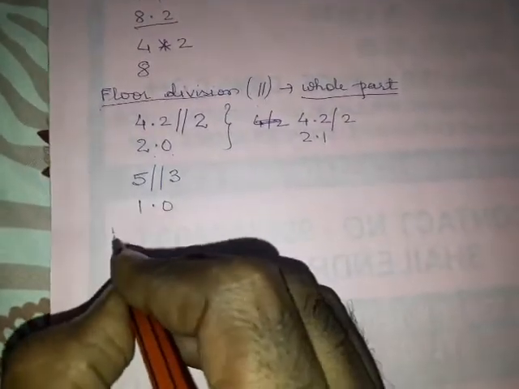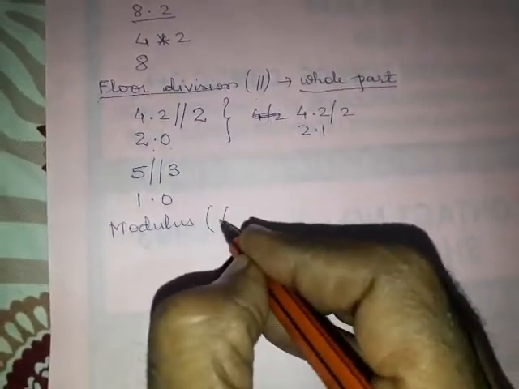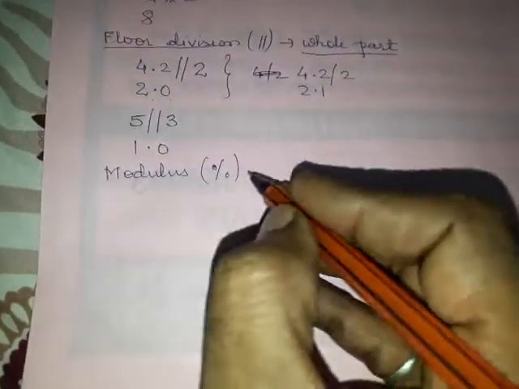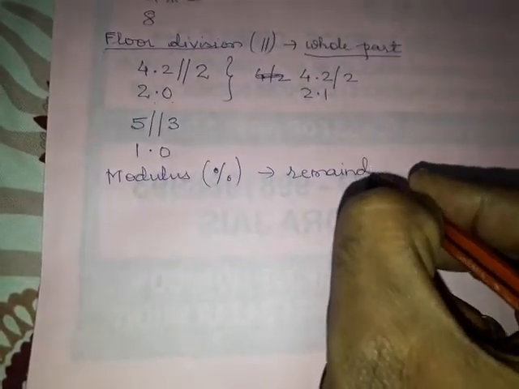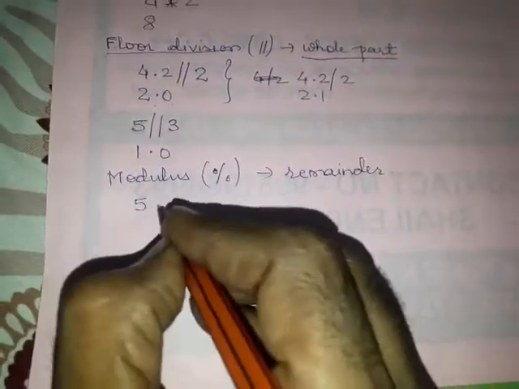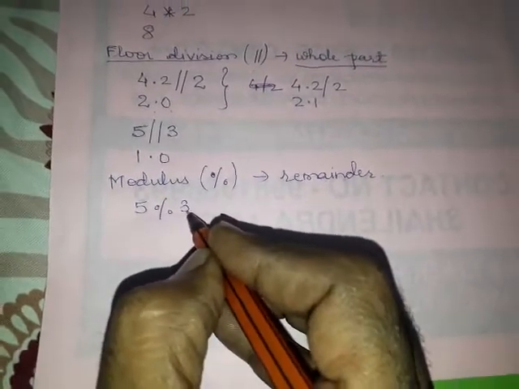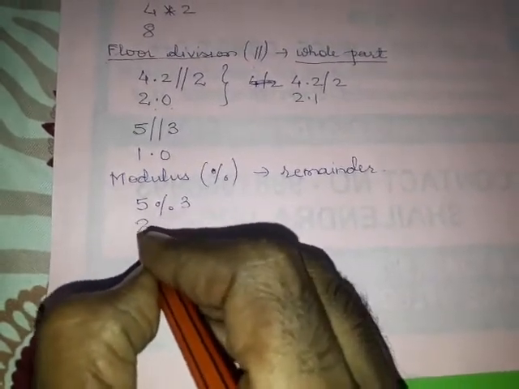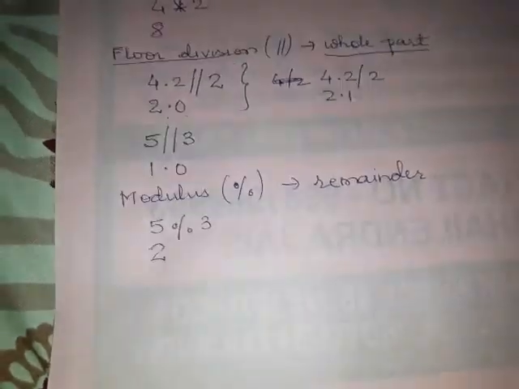Another operator is modulus operator. The symbol is percent sign. The modulus operator gives the remainder. 5 modulus 3, or we can say 5 modulo 3. When 5 is divided by 3, the remainder will be 2. So it will give 2 as a remainder.